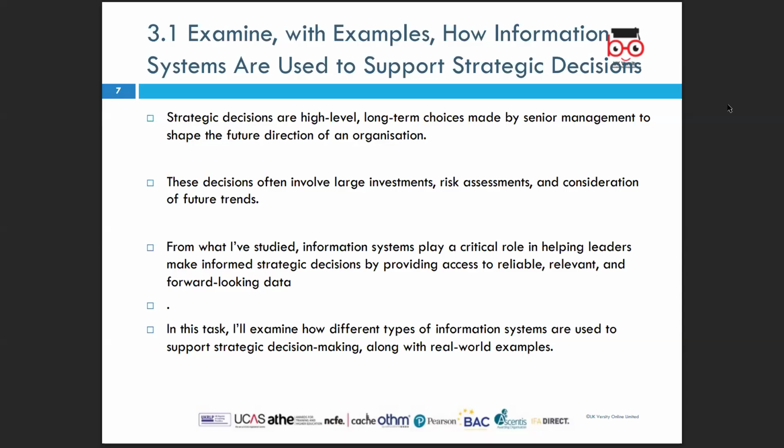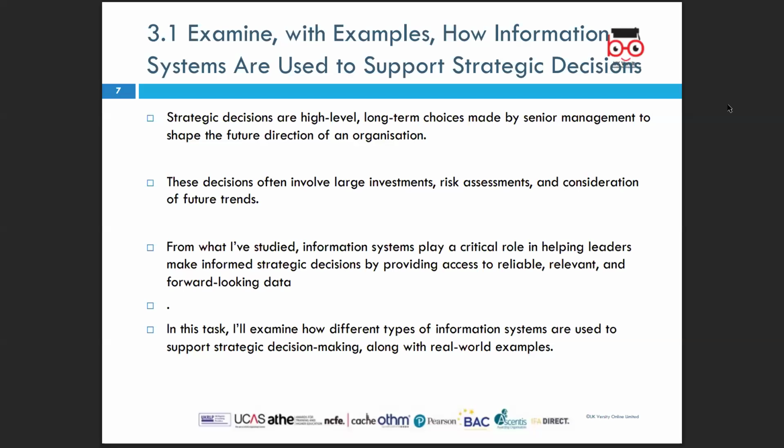These are high-level and long-term choices made by our senior managers. These decisions involve large investment, risk assessment, and consideration of future trends. From what we've studied, information systems play a critical role in helping leaders make informed strategic decisions by providing access to reliable, relevant, and forward-looking data.